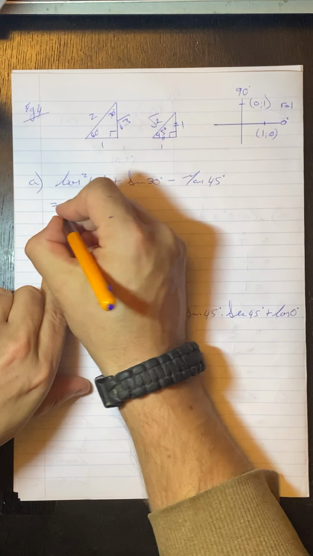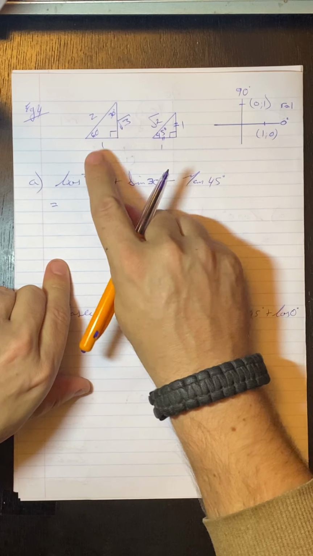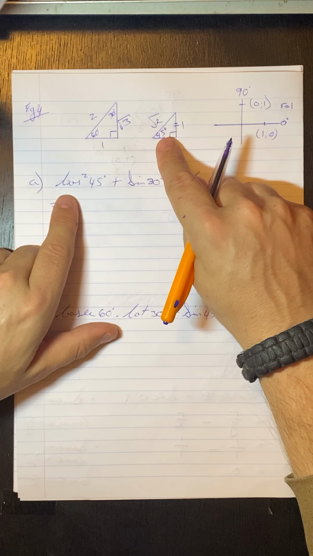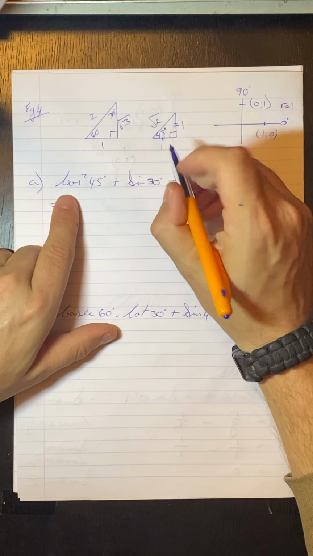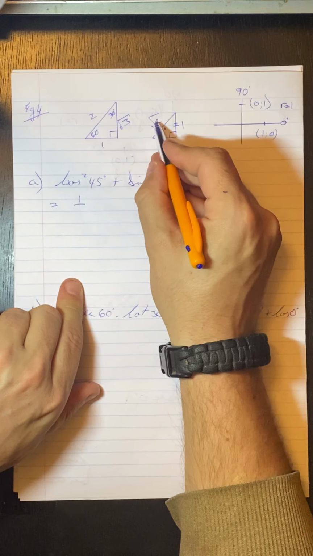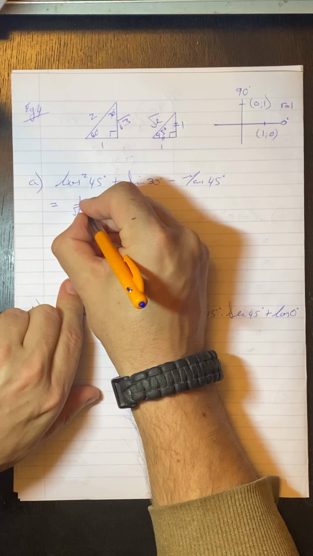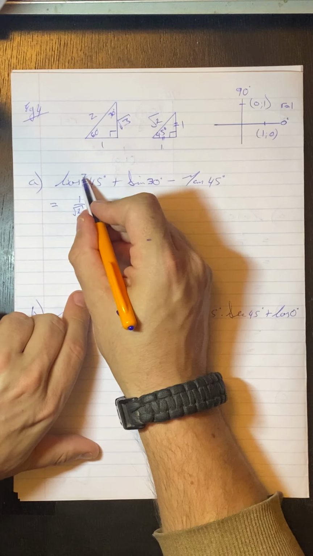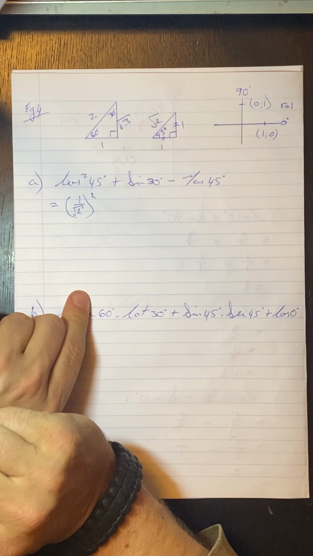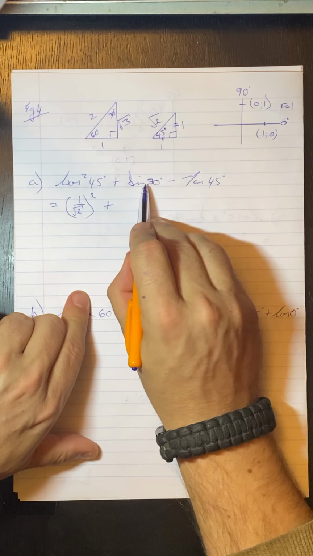So here we've got cos 45. So 45 is over here. Now cos, in terms of opposite, adjacent, hypotenuse, is adjacent over hypotenuse. So the adjacent to 45 is 1. Hypotenuse is root 2. But now you need to be careful here, grade 10s, because that is squared. So this whole thing is squared. Plus sine 30.